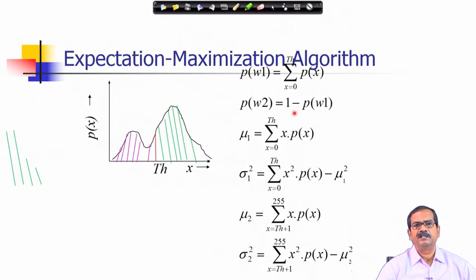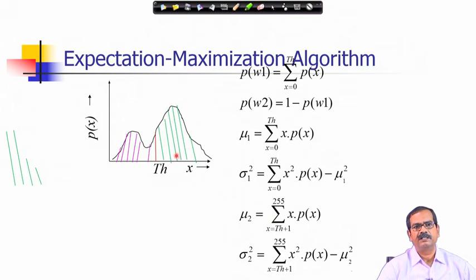The probability of W2 is just 1 minus P of W1, because it is the complementary part of the area. Then this is the mean from this region, and this is the standard deviation from this region. Similarly, mu2 is the mean from this region, and sigma2 squared is the variance, or sigma2 is the standard deviation, from this region, and this is how we are computing.